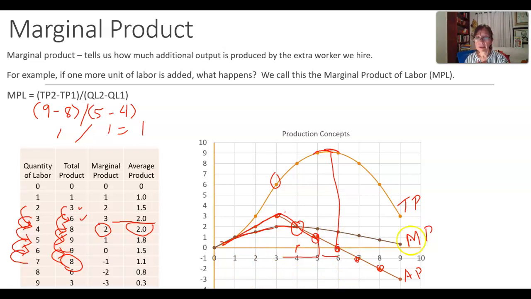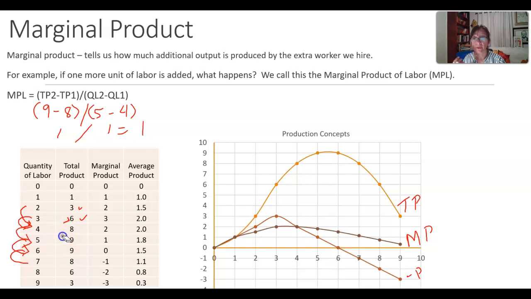Now, here's something to think about. During the beginning stages, when we start to add people, we begin to have good output, right? More sandwiches are being produced. But every time we add a person, we have to pay wages, right?